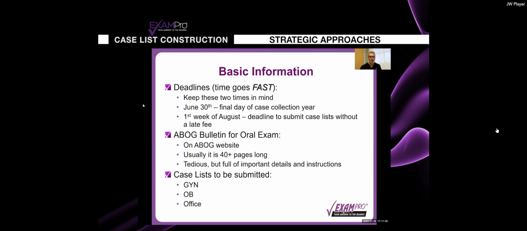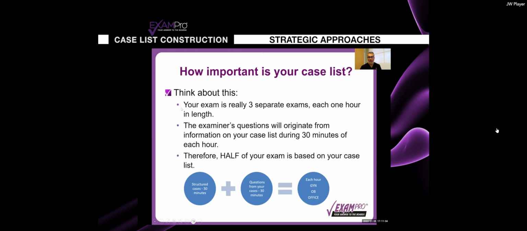All right, moving on. How important is your case list? Well, think about this. Your exam is really 3 separate exams, each 1 hour in length. And the examiner's questions to you during the exam will originate from information on your case list during 30 minutes of each hour.